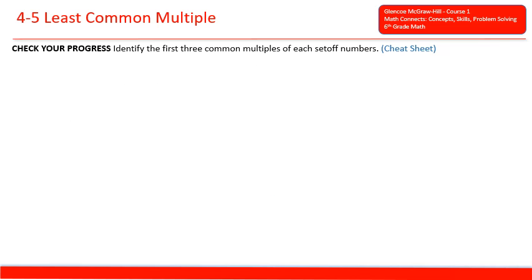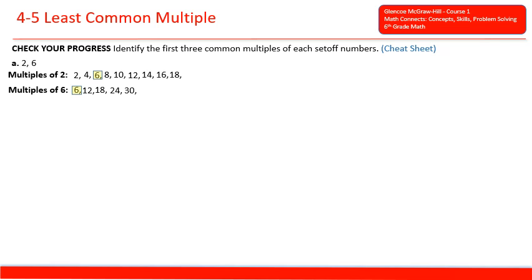Check your progress. We're going to identify the first three common multiples of each set of numbers. So 2 and 6: multiples of 2 are 2, 4, 6, 8, 10, 12, 14, 16, 18, and multiples of 6 are 6, 12, 18, 24, 30.